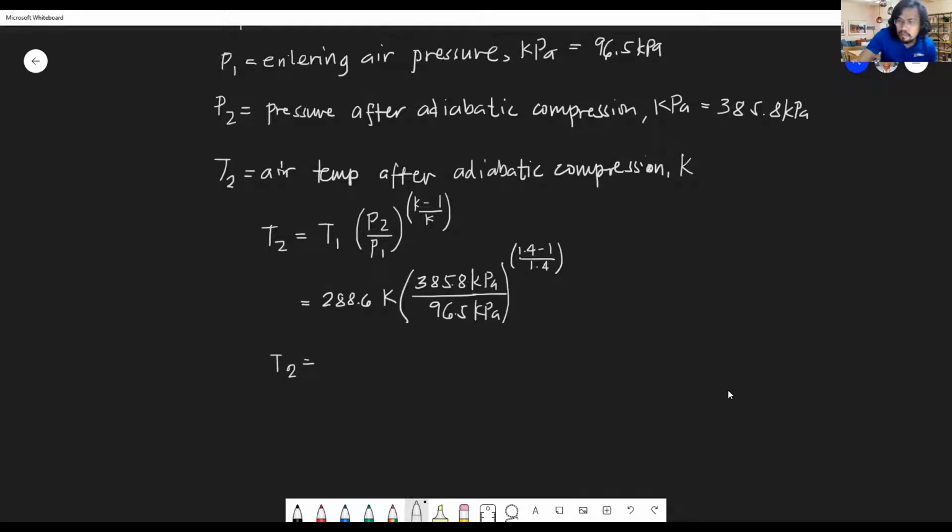Let's compute for it. 1.4 minus 1 is 0.4, divided by 1.4, 0.28. Okay, so we raise 385.8 divided by 96.5 to that value.